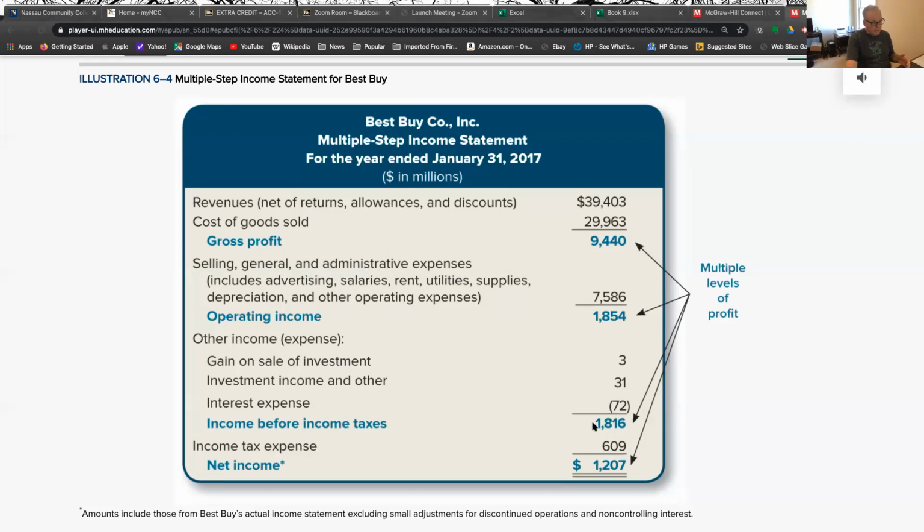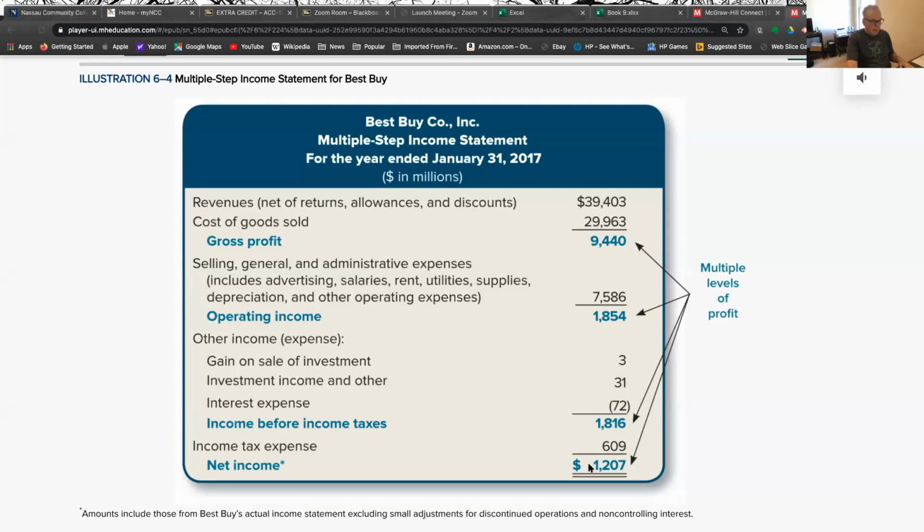So some companies that have a lot of pre-tax income pay a lot of taxes, and companies that have small pre-tax income pay less taxes. So that's why you don't want to put this income tax expense with the operating expenses, because it's kind of meaningless actually. And then if I subtract the income tax expense from the income before taxes, I get net income.